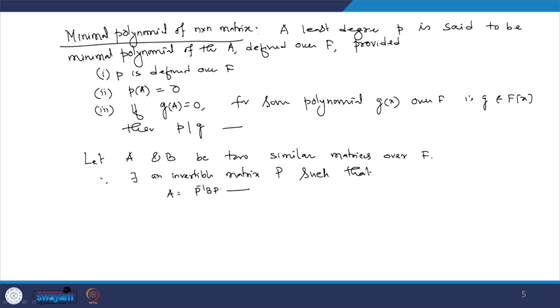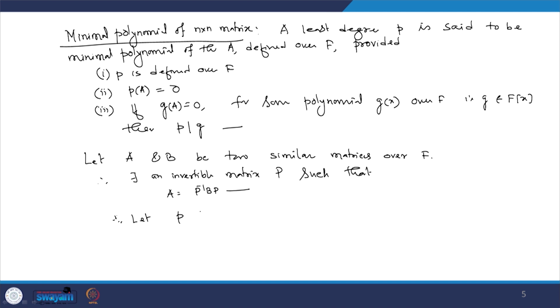So, that is the definition. From this definition of similarity, there exists an invertible matrix P such that A equal to P inverse BP.